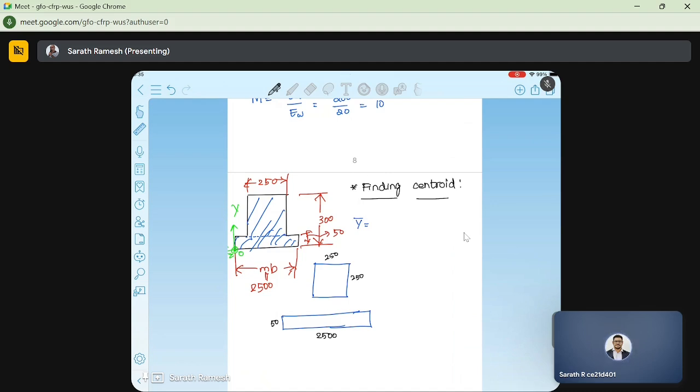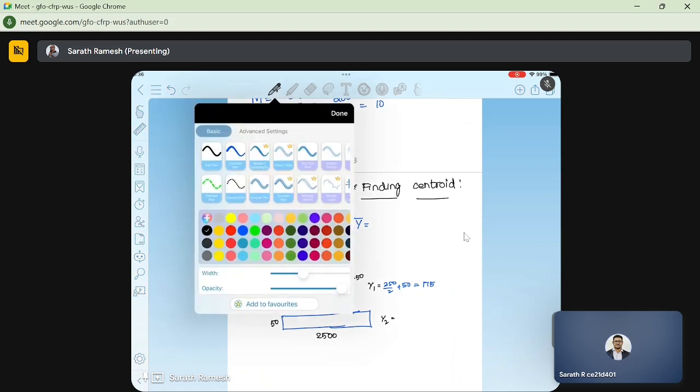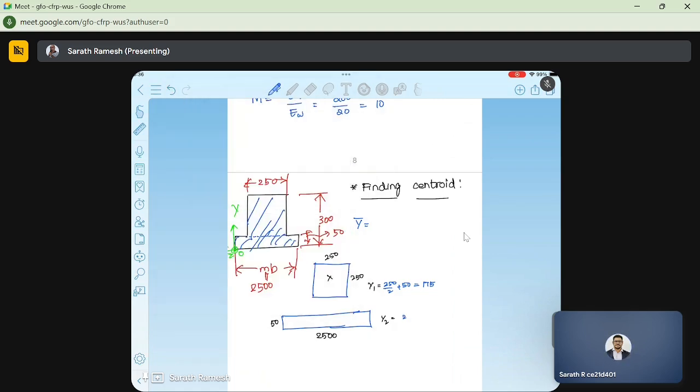What is y1 for the first area? Y1 is equal to 250 by 2 plus 50, so y1 is 125 plus 50, which is 175. Y2 will be 50 by 2, which is 25 mm.